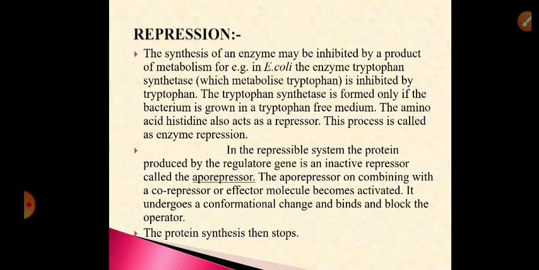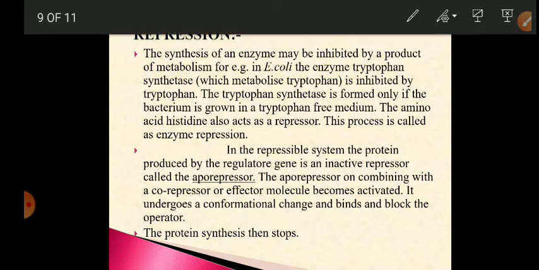The aporepressor needs the support of a co-repressor molecule. The aporepressor combines with the co-repressor or effector molecule, and then it becomes activated. When it becomes activated, it undergoes conformational change. It binds and blocks the operator gene. The protein synthesis will then stop.